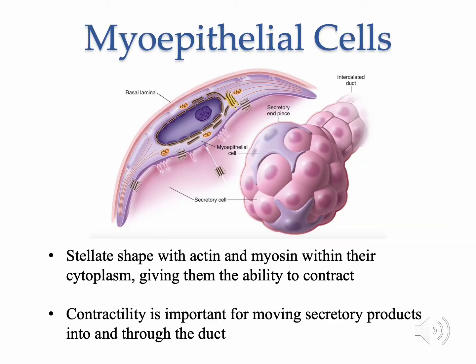In order to actively participate in salivary secretion, the myoepithelial cells have a stellate shape and they are plastered on top of the acini and they're able to contract. So they have a small amount of actin and myosin fibers within their cytoplasm, giving them a contractile ability.